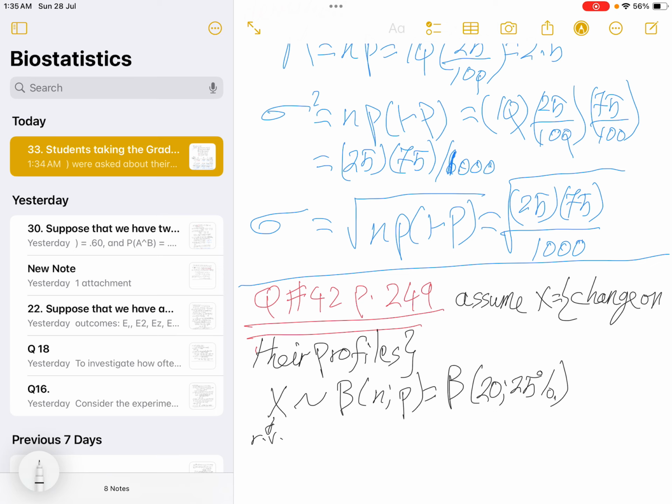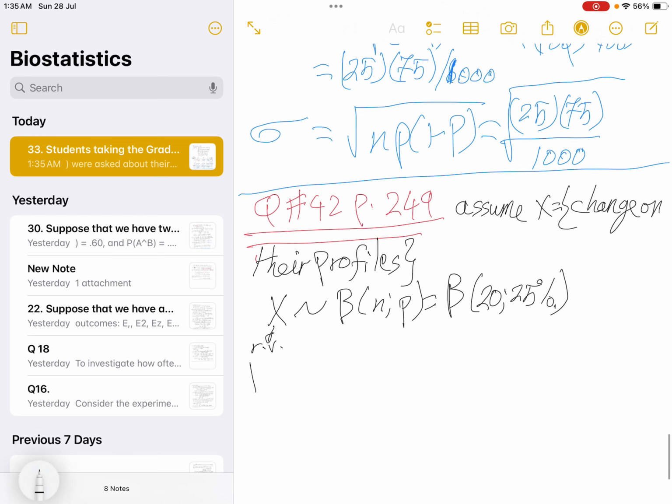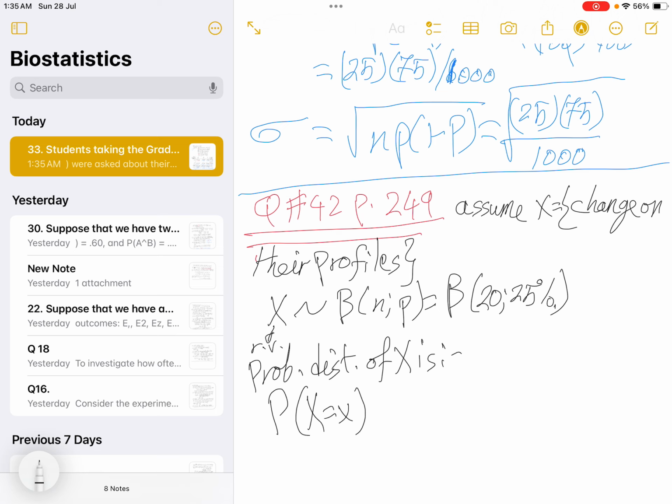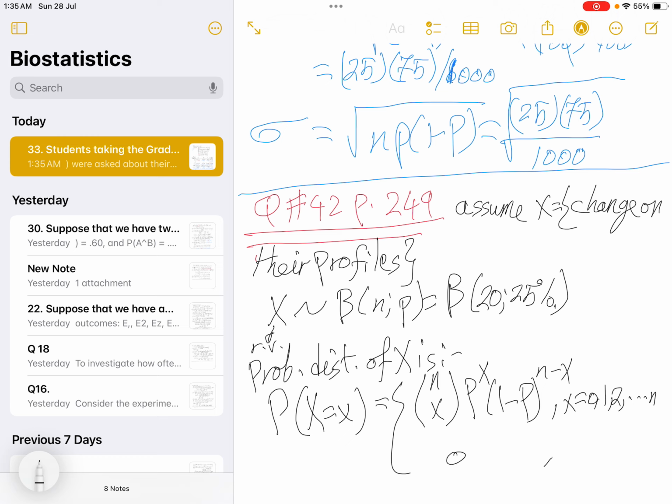Then the probability distribution of X is probability capital X equal little x. As I said before, capital X means random variable, small x means a number. It is n over x, p to the power x, 1 minus p to the power n minus x, where x is 0, 1, 2 up to n, 0 otherwise.